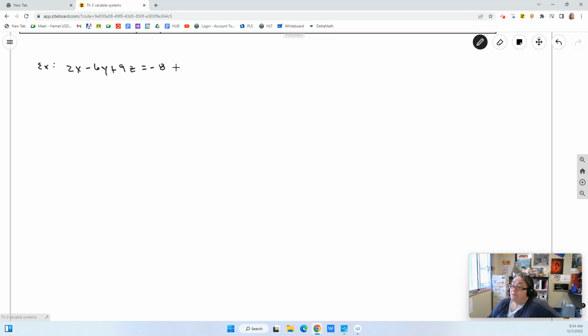Three variables, so we're going to have two more equations for it to work. Our next one is 5x plus y plus 2z equals 10. You see I have to put a line through my 0, or it looks just like my 2.